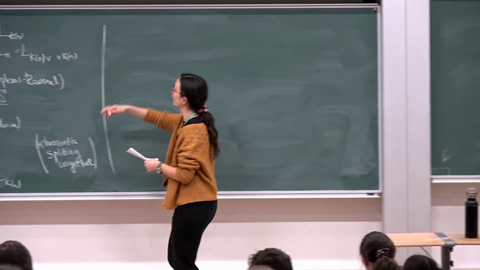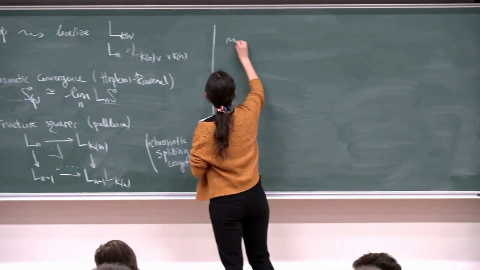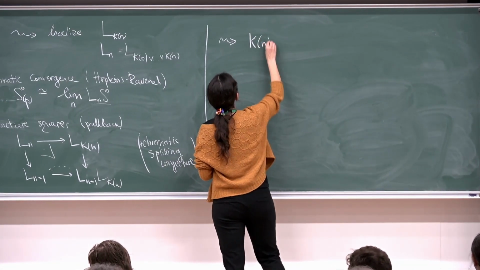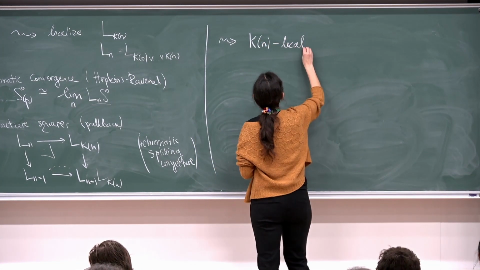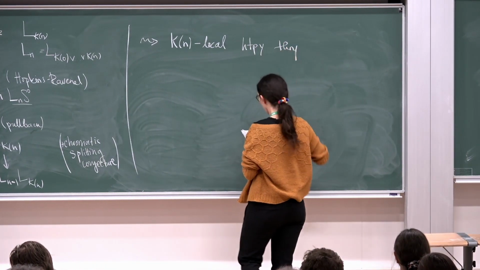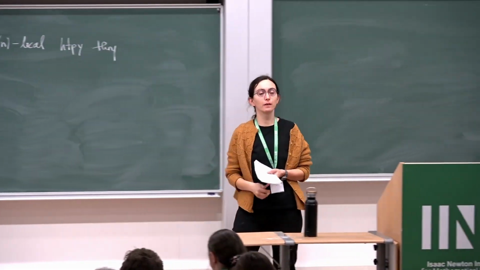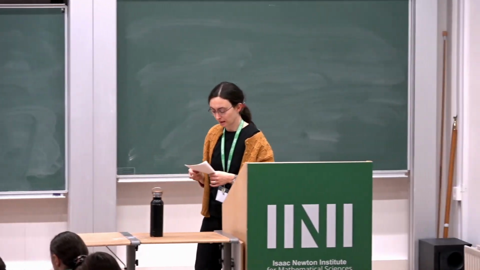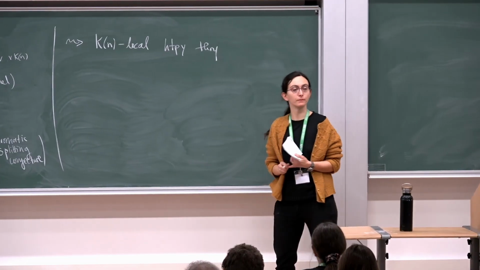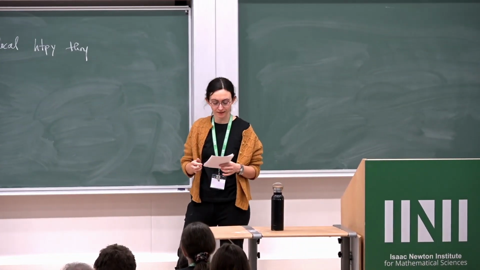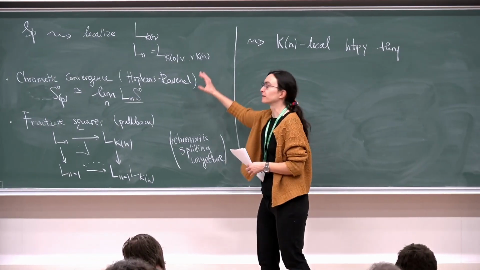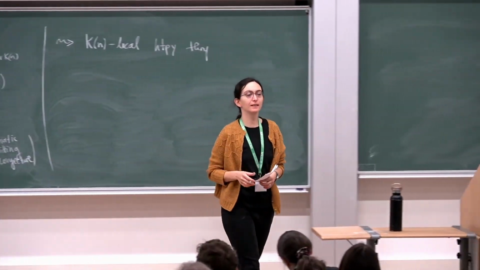So the upshot of all this is that maybe you want to study Kn-local homotopy theory, or the Kn-local sphere, or Kn-local spectra. And so how do we do that? So I think maybe this was sort of stuff from the 80s. Now we move into the 90s.